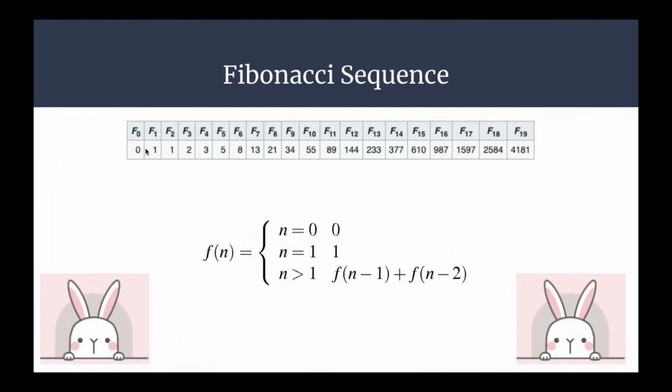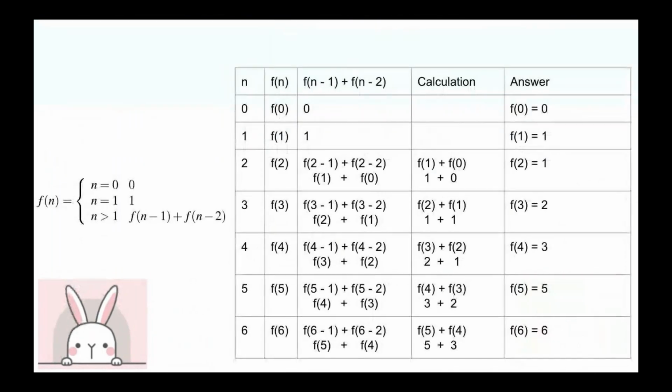When n, your number, is greater than 1, you use this formula, which is f of n minus 1 plus f of n minus 2. I'll try not to go into the weeds, but you really just need these first two, and you can easily create the rest of the numbers.